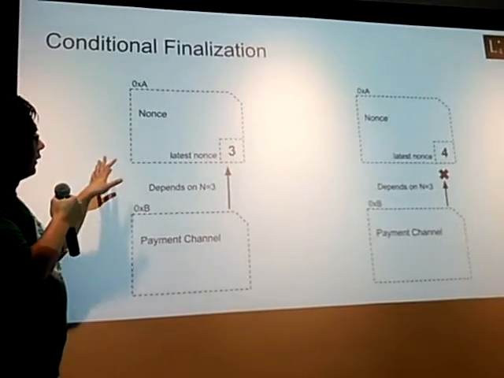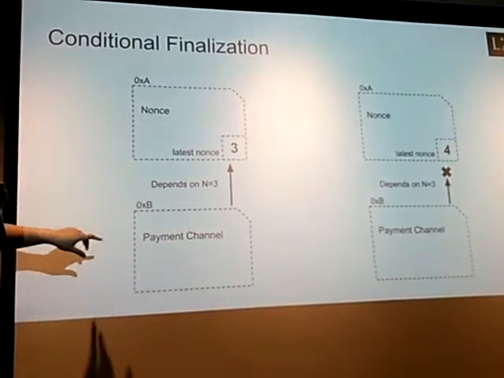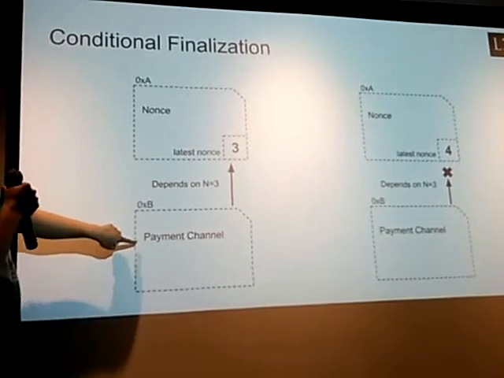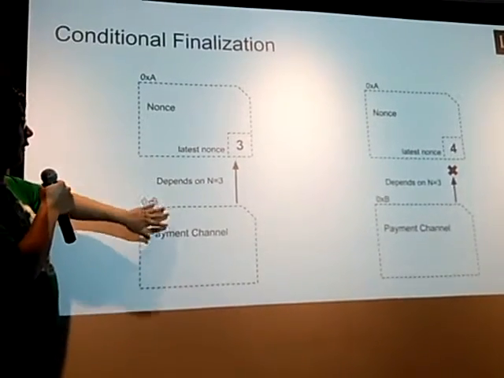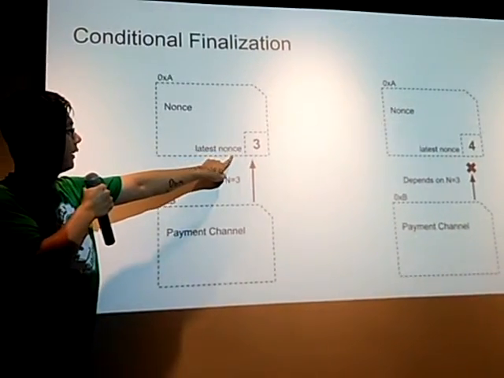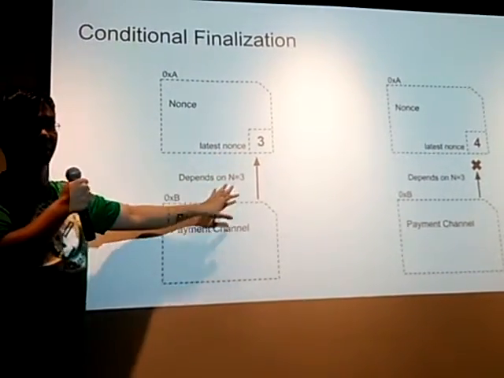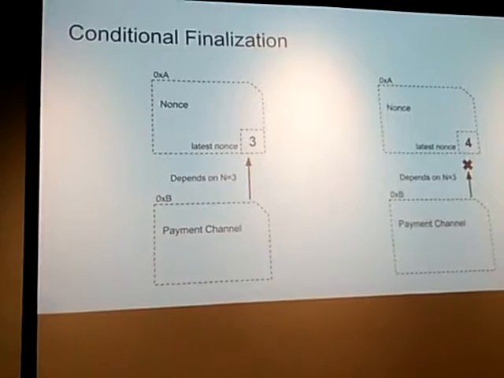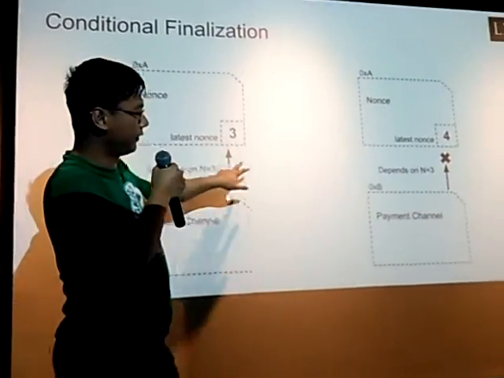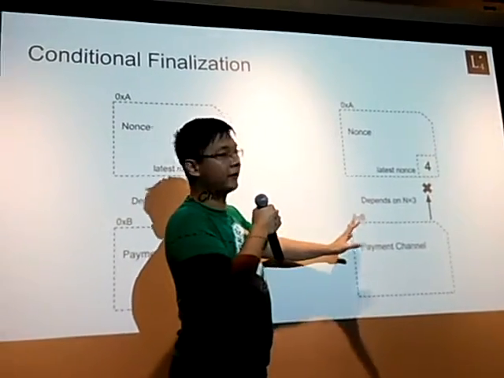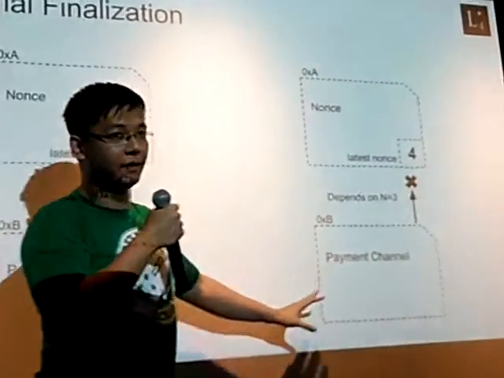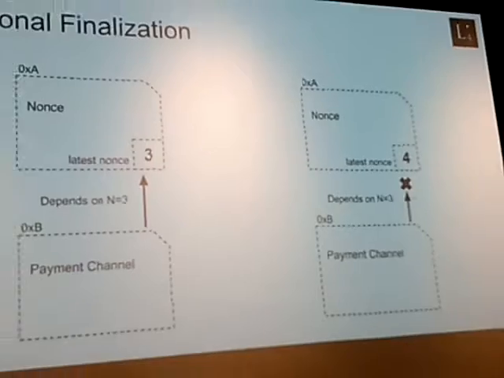So this diagram shows that the payment channel object only finalizes if this other object has a certain state. So by updating the state of this object, it no longer finalizes. So we have deleted this object.